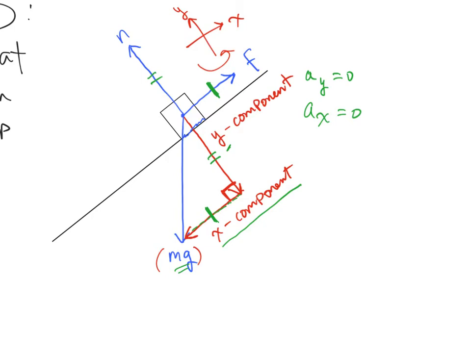Now, how do we split mg? Let's imagine, maybe just for simplicity's sake, that mg in this particular situation is 50 newtons. I might want to know how much of that 50 newtons is in the y direction and how much of the 50 newtons is in the x direction.